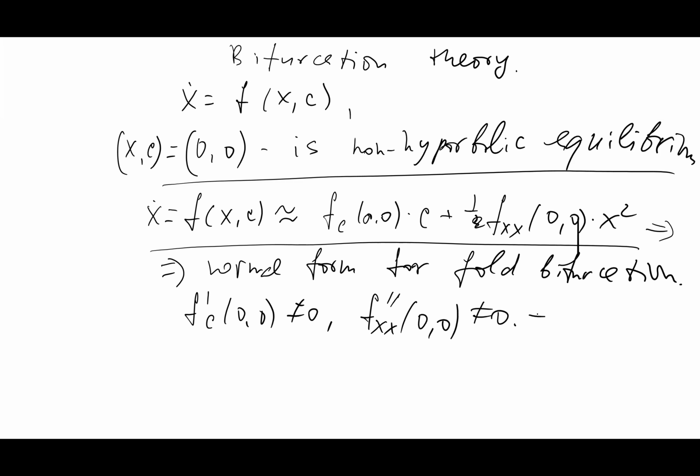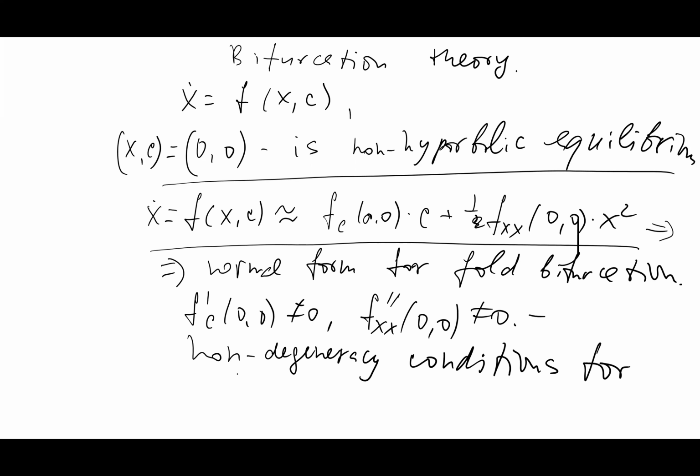And these are called non-degeneracy conditions for fold bifurcation. If either of these two is 0, then we're in trouble. Then we should further extend our analysis.